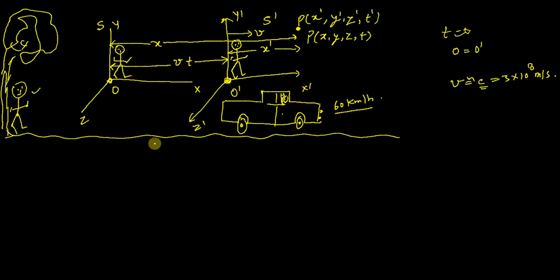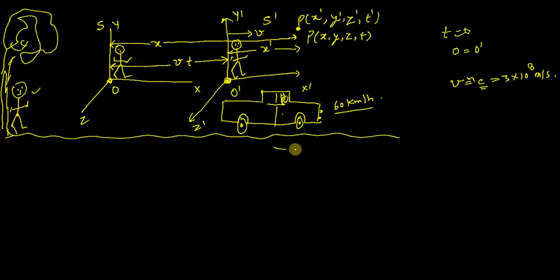If you are sitting in a train, this is the train, right? So you are sitting, and when you were a child, at that time you observed that plants and trees move in the opposite direction to the direction of the train.